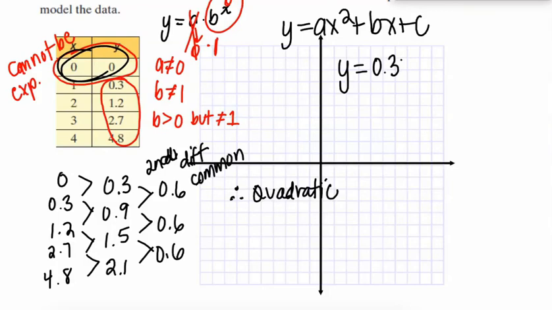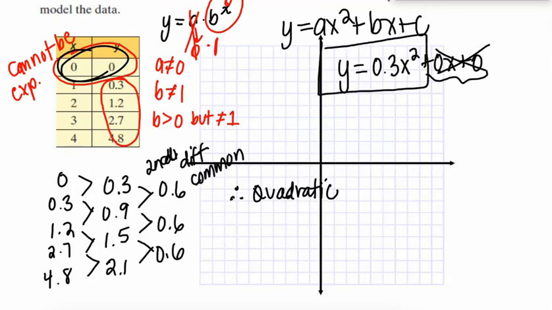So 0.3x squared plus 0x plus 0. Well, this is just 0. So our model is y equals 0.3x squared. And that has correlation coefficient equal to 1.